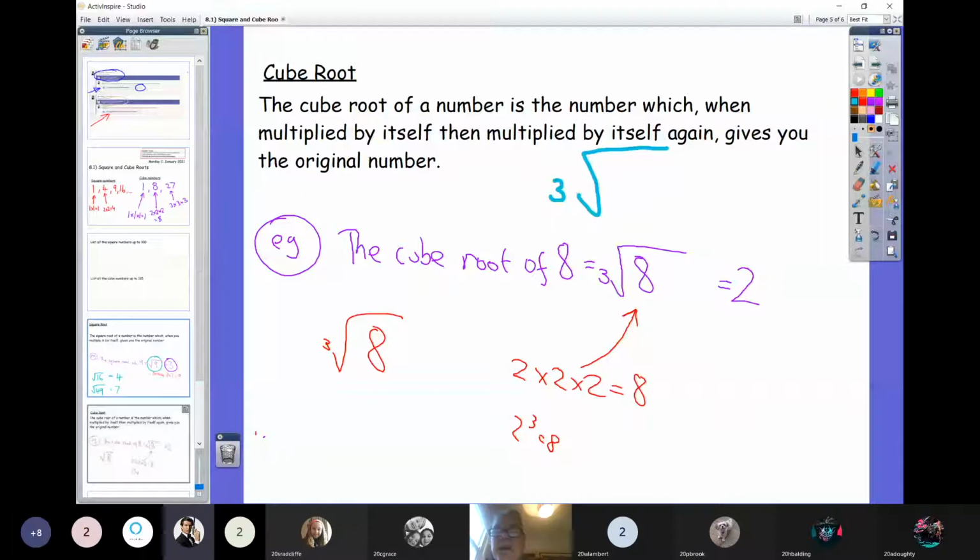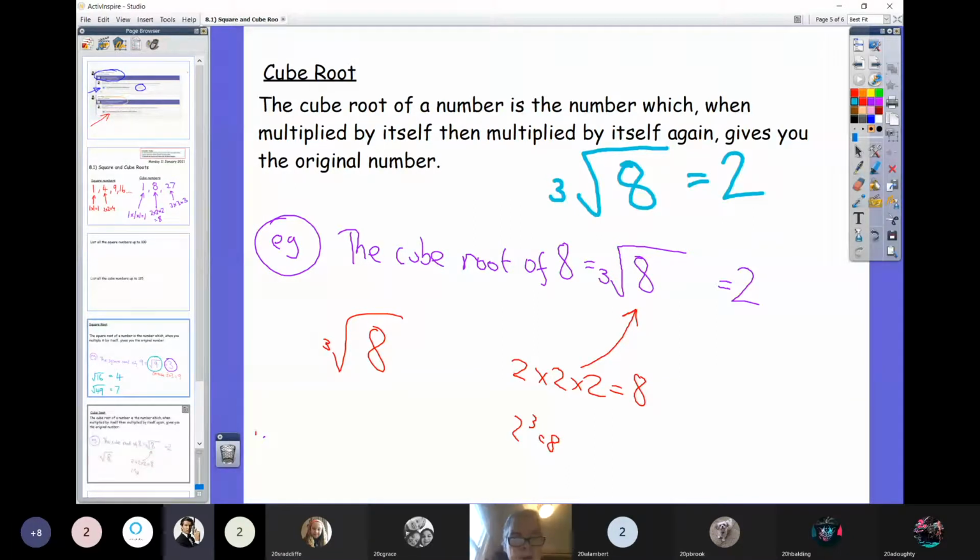So the cube root of 8 is 2, because 2 times 2 times 2 is 8. So 2 cubed is 8. The cube root of 8 is 2. They're the inverse operations to each other.